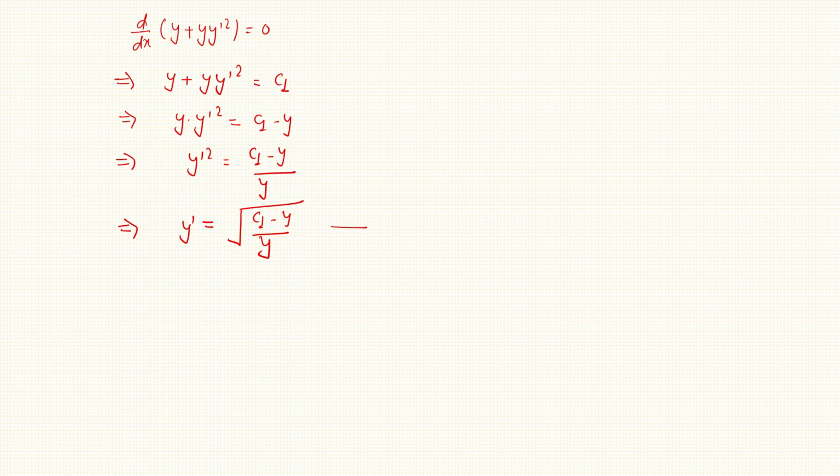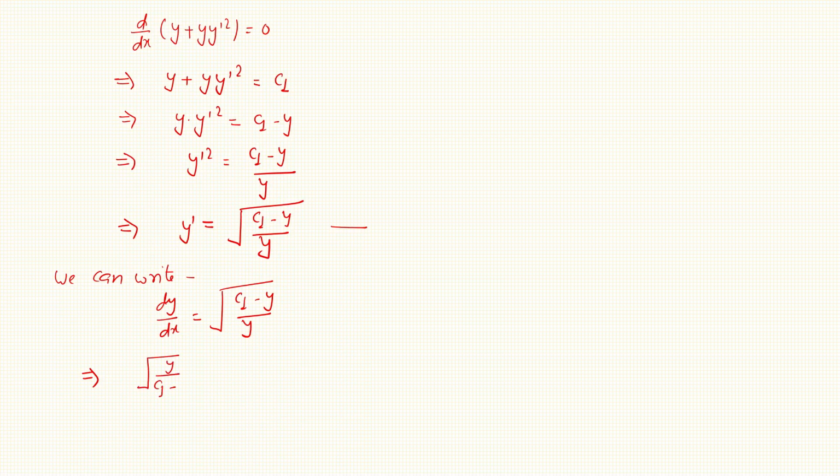This is a first order differential equation that has to be solved. This can be solved by using variable separable method. We can write dy upon dx is equal to under root c1 minus y upon y. This will be under root y upon c1 minus y dy is equal to dx.